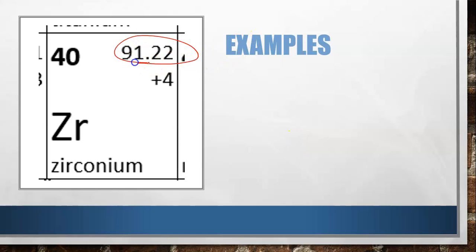In the case of zirconium, we've got a rounded mass of 91 minus 40 as your atomic number means that you've got 51 neutrons. The atomic number being 40 means you've got 40 protons and 40 electrons.